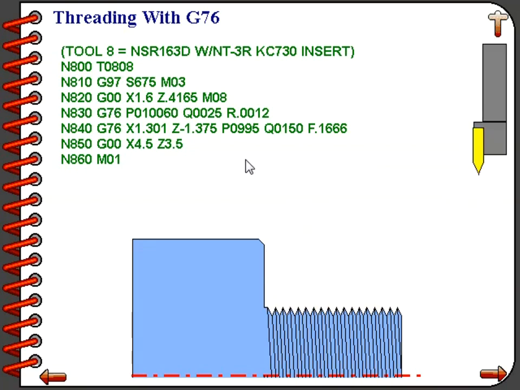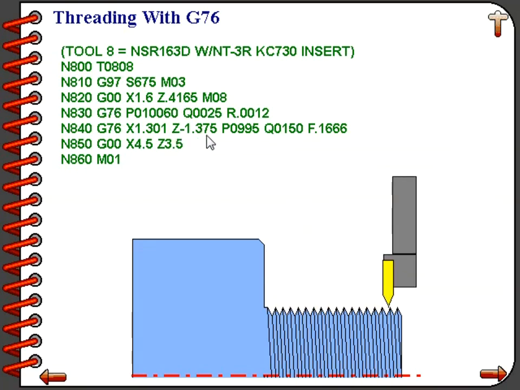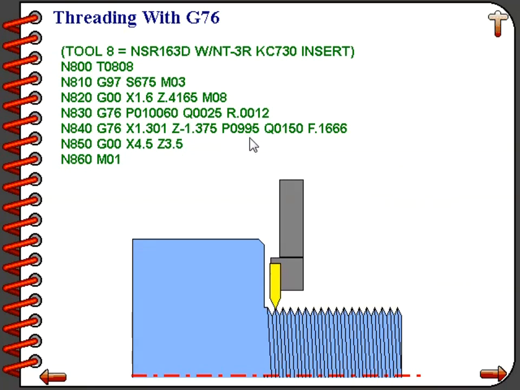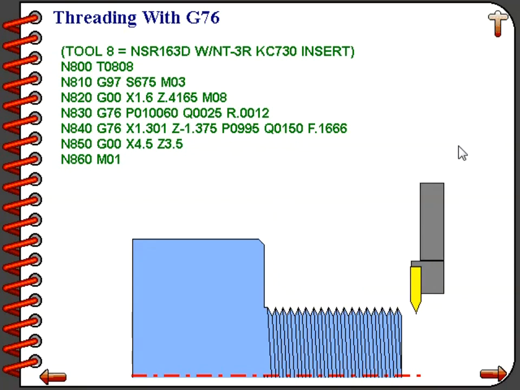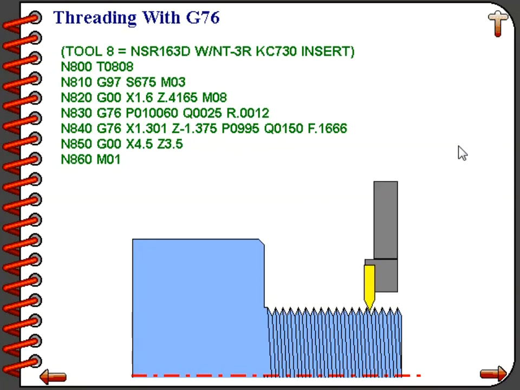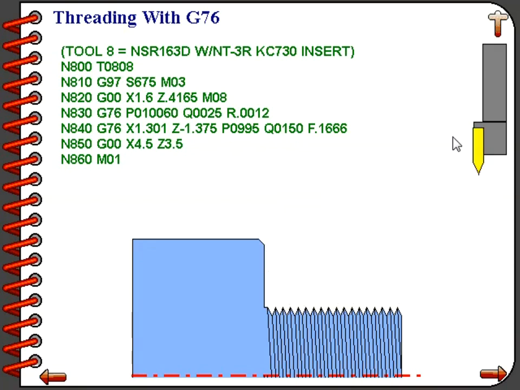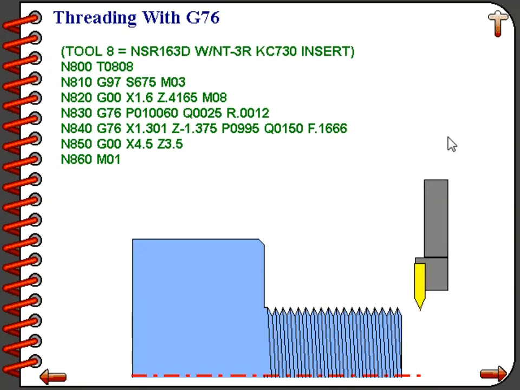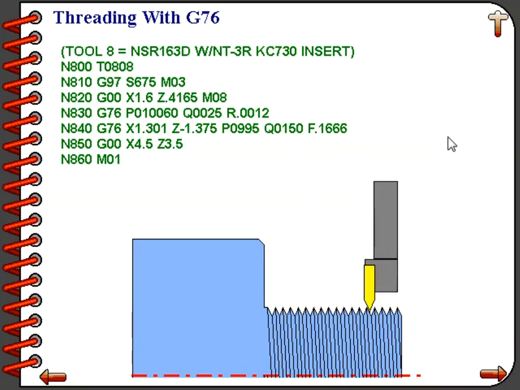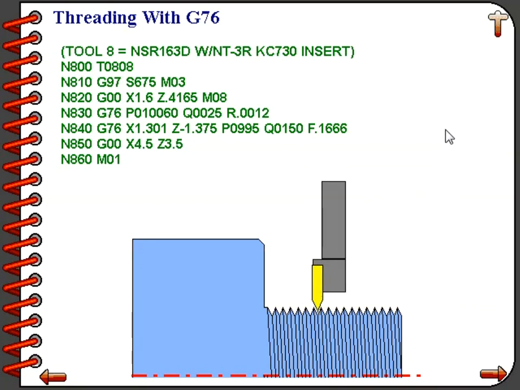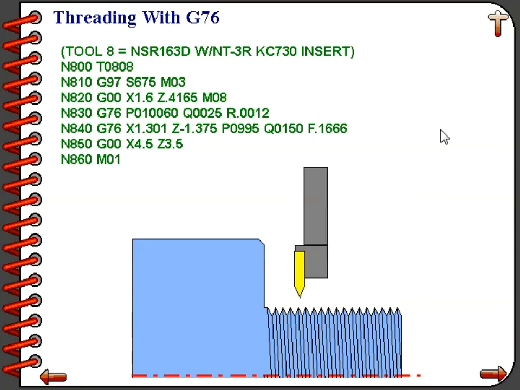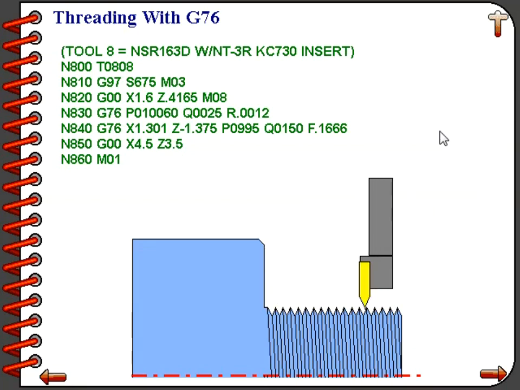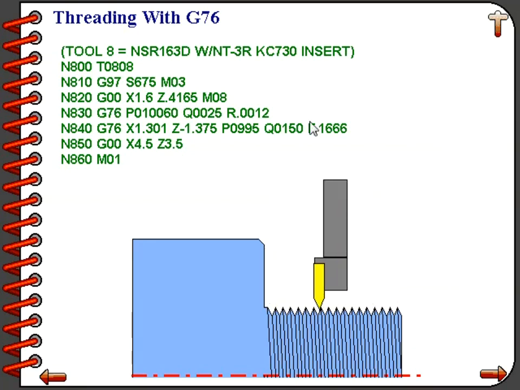Our Z value is the end point of the thread, and the P word is specifying the radial height of the thread, the distance from the peak to the valley per side on the thread, which in our case was 0.0995, and we calculated that by taking the major diameter minus the minor diameter and dividing that amount by 2. The Q word, 0150, is specifying our first pass depth of cut. And in this case, that's 15 thousandths of an inch.